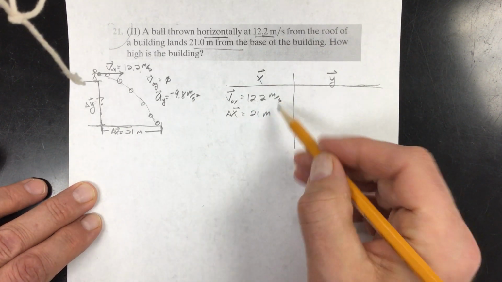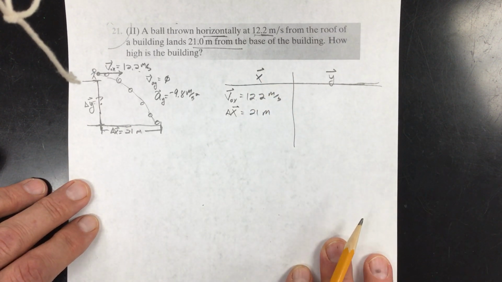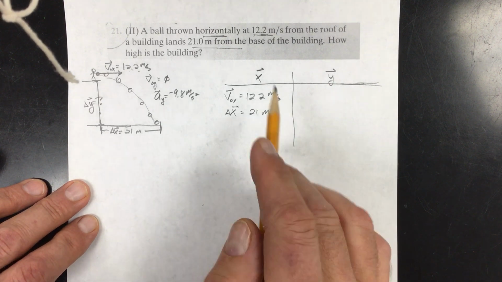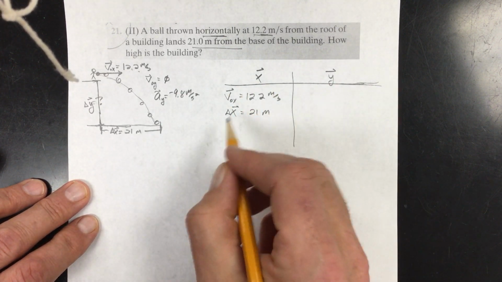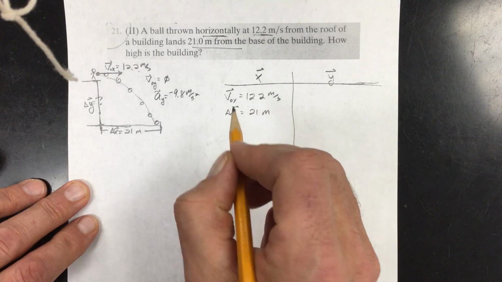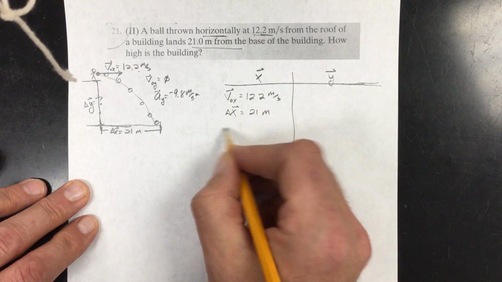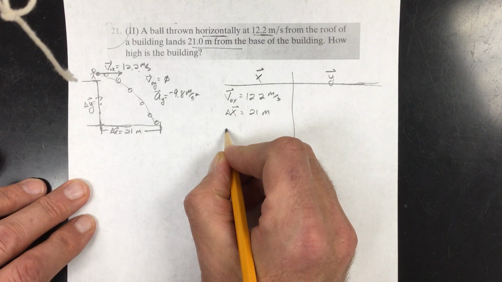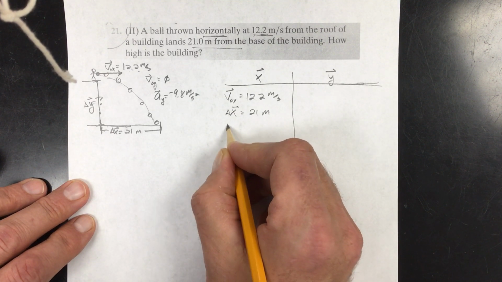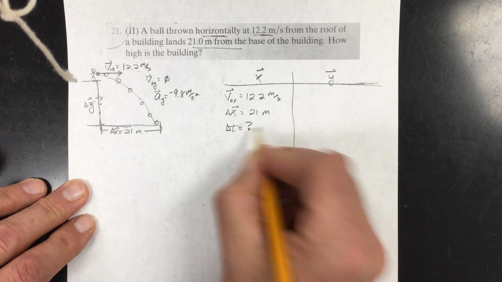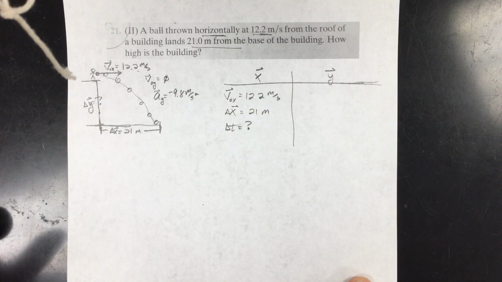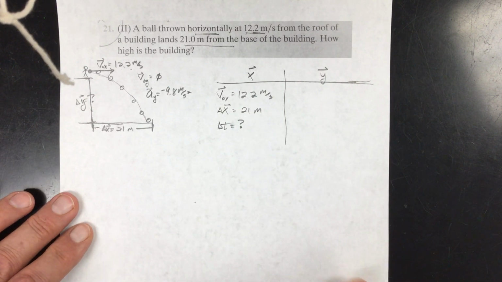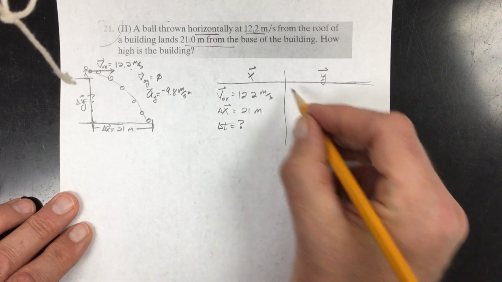I also know that in the horizontal direction, there is no acceleration. If there's no acceleration, that object must be traveling at a constant velocity. Then the only other variable I can work with in the horizontal axis is the amount of time it takes, which we weren't given.